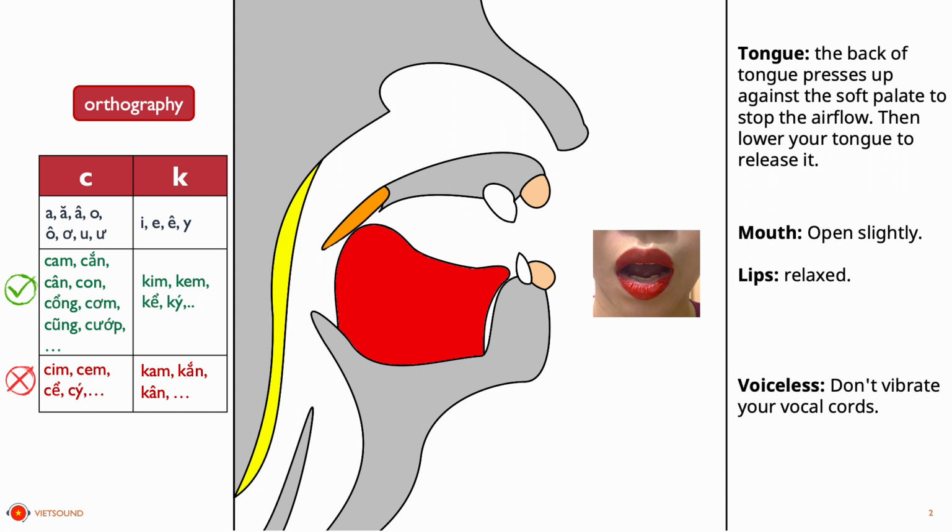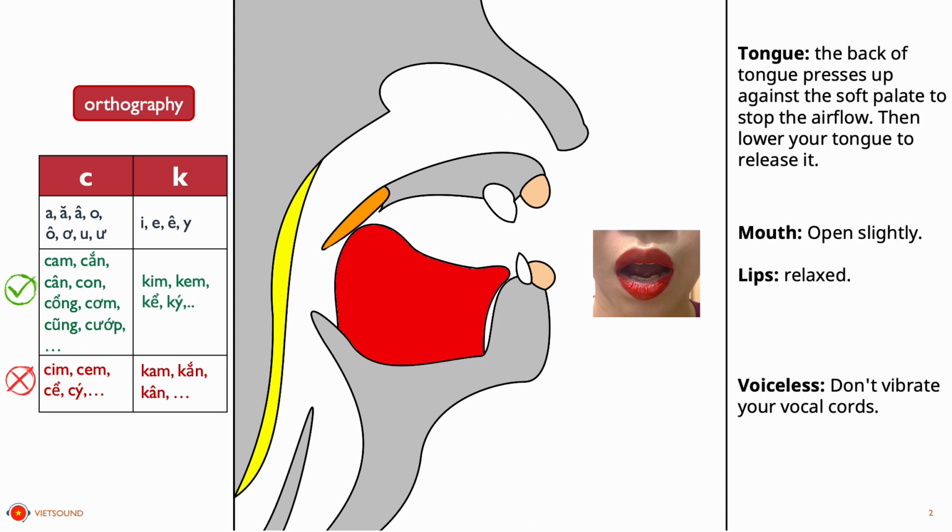For example, we have some words here: cam, cắn, cân, con, cổng, cơm, cũng, cướp, etc. And the letter K is followed by other vowels like e, ê, i. For example, we have kim, kem, kể, ký.